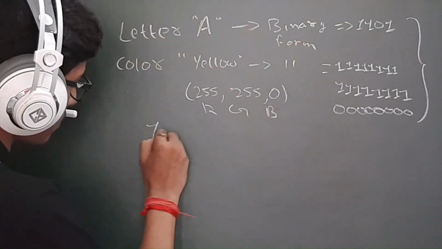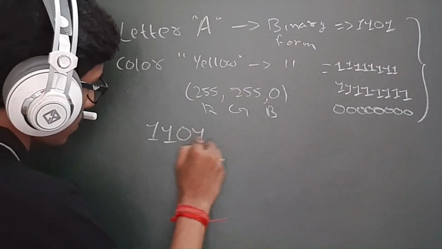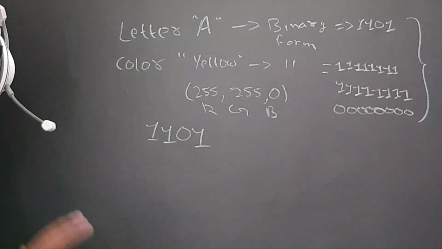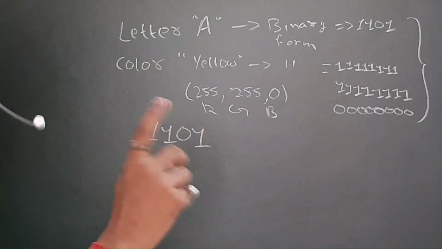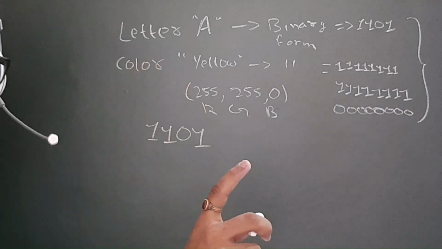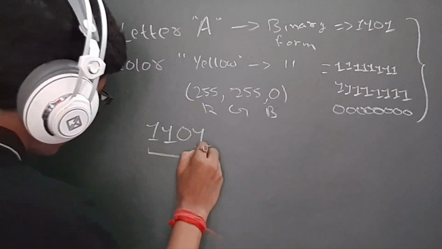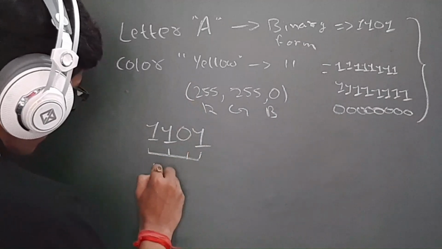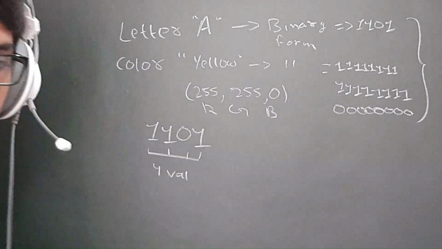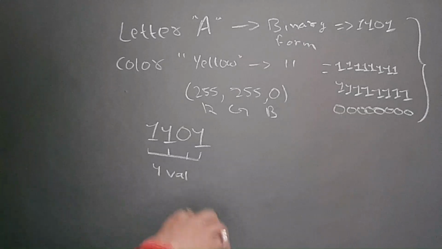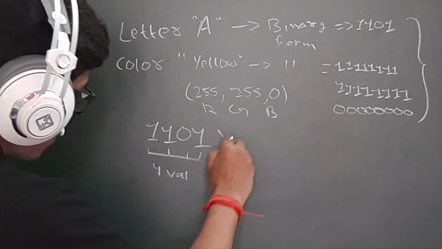So there are values of 1101. And as I have told you earlier, a single transistor can represent only a single value at a particular time. There are four values, right? So there must be four transistors being used.